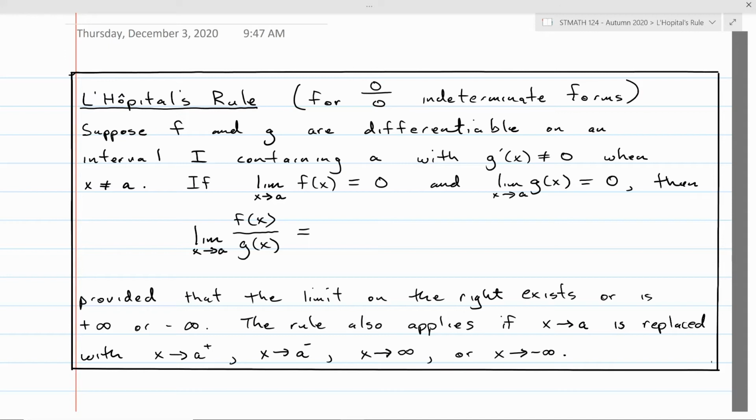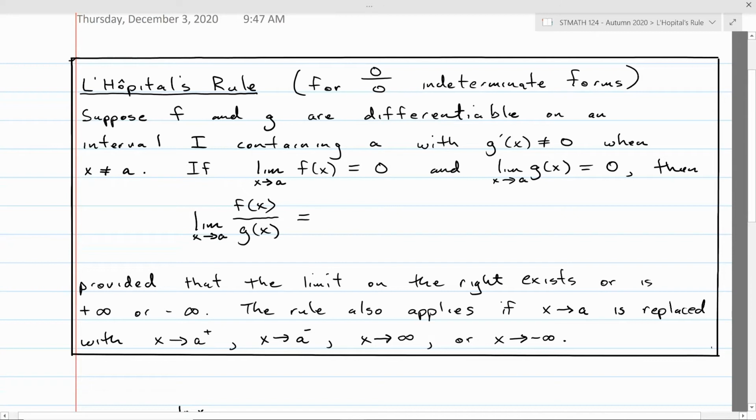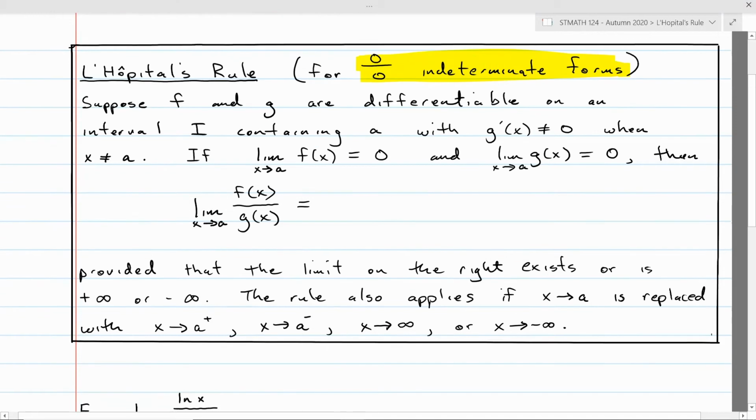I think Bernoulli was this person's tutor and anyway gave the rule to the guy. But anyway, it's now known as L'Hopital's rule. And this one applies to these 0 over 0 indeterminate forms. So it's important that you understand that the rule that we're going to be talking about only applies to these indeterminate forms where when you do direct substitution, you get 0 over 0. Actually, it'll apply to other things, but we'll talk about that soon enough.